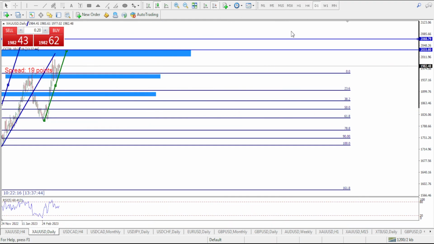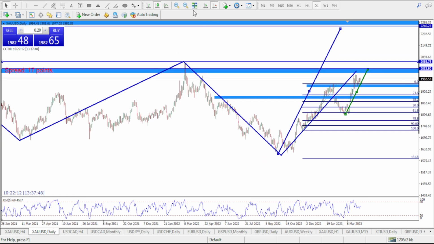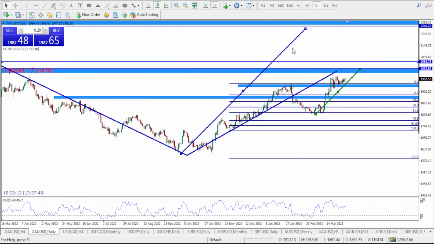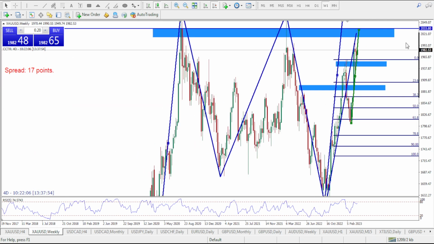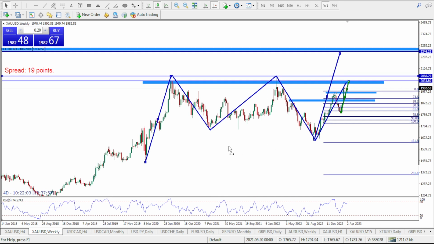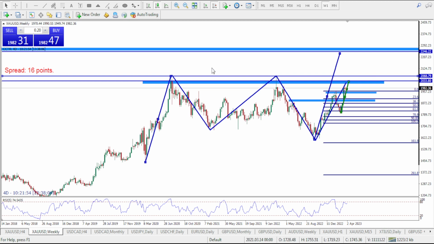Now this is fine. The chart is too messy, so let me clean it a little bit first. Switch back to the weekly. Like this ABCD pattern from here, here is going to complete at 2068.79.